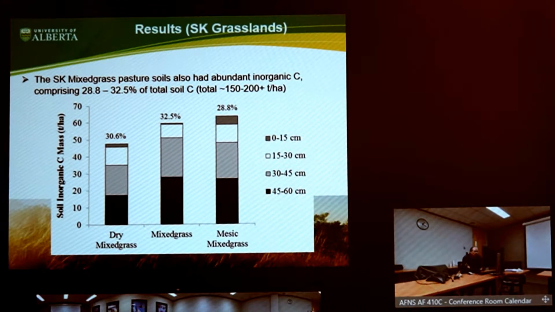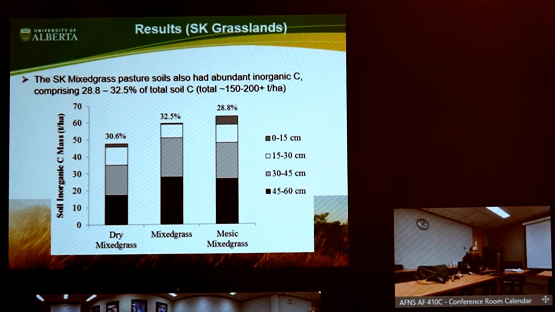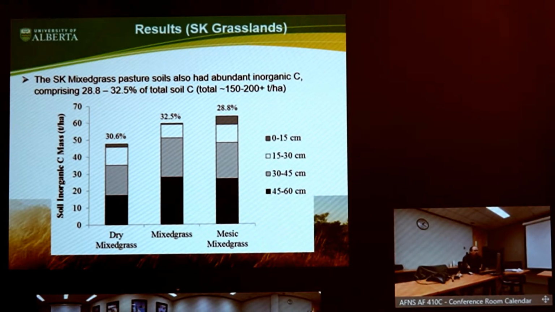Another property that's fairly important within the Saskatchewan sites that I wanted to share with you is just how much of the soil carbon is actually within the inorganic carbon. So the total pool of carbon was anywhere between 150 and 200 tons per hectare.